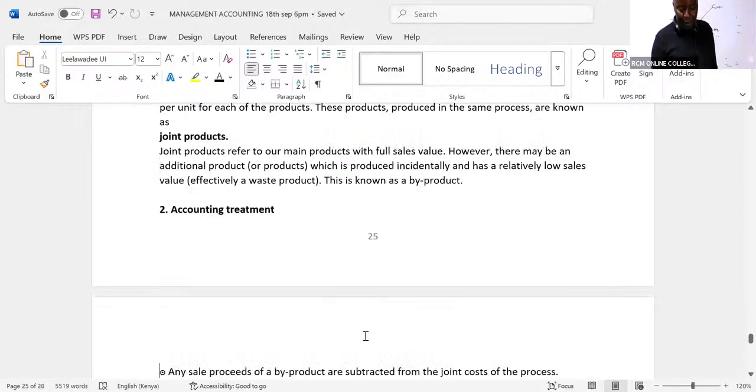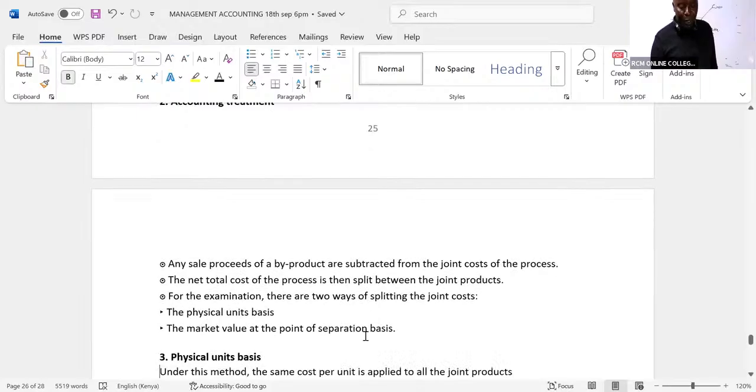Accounting treatment: any sale proceeds of a byproduct, that waste material, like the sawdust, are subtracted from the joint cost of the process. The net total cost of the process is then split between the joint products. For examination purposes, there are two ways of splitting the joint costs. We have the physical units basis.